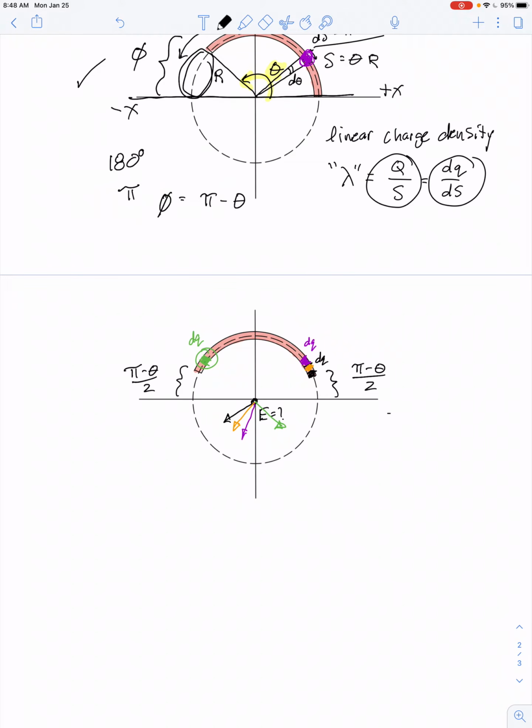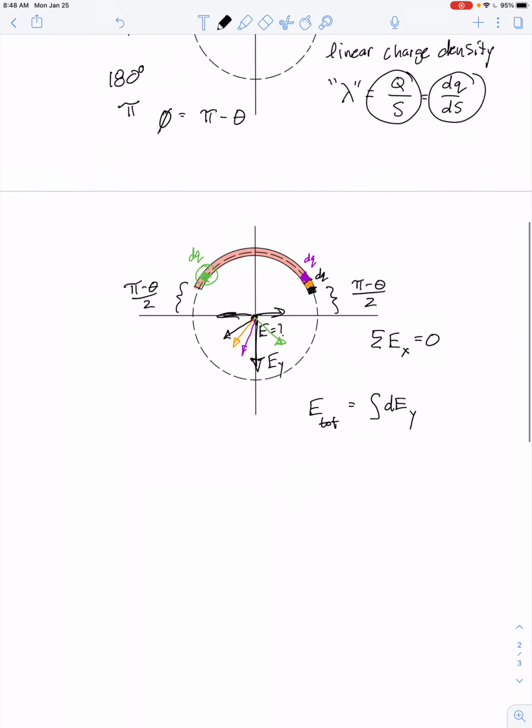In fact, we should guess that the net amount of electric field along the x-axis is equal to 0, and so the total electric field must really be the summation of all the contributions to the electric field that exist only along the y-axis, right? All of the horizontal components to these vectors will cancel, but there'll be some overall electric field lying along the y-axis.